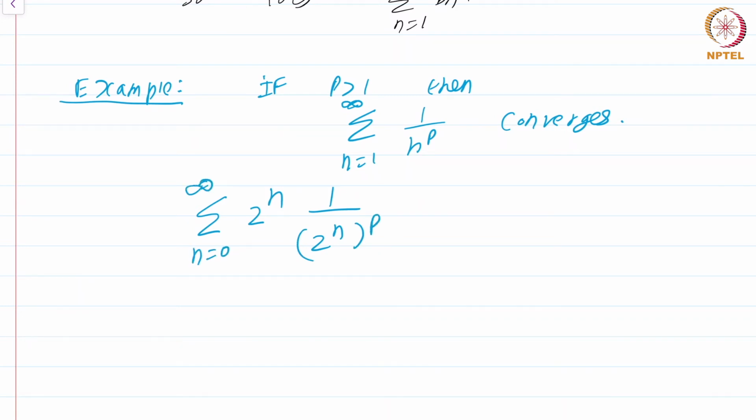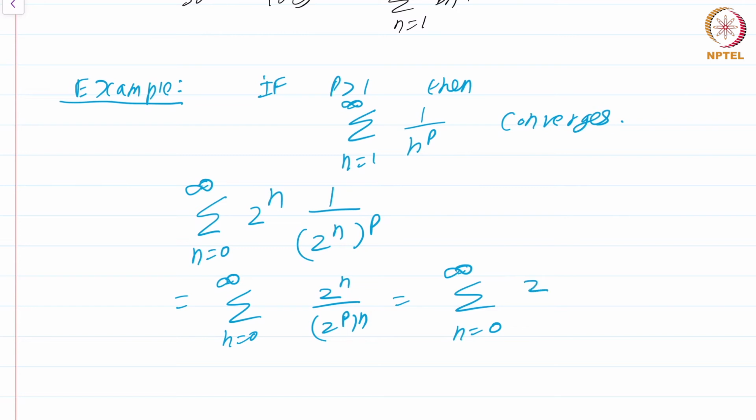Now why is this helpful? Well, you can pull this little trick. This is nothing but summation n equals 0 to infinity 2 power n by 2 power p power n, which is nothing but summation n equals 0 to infinity 2 by 2 power p, the whole power n.